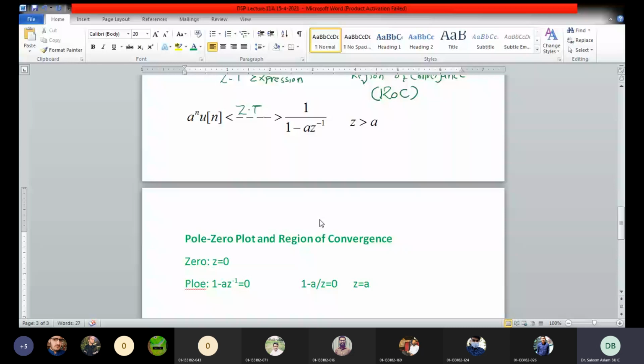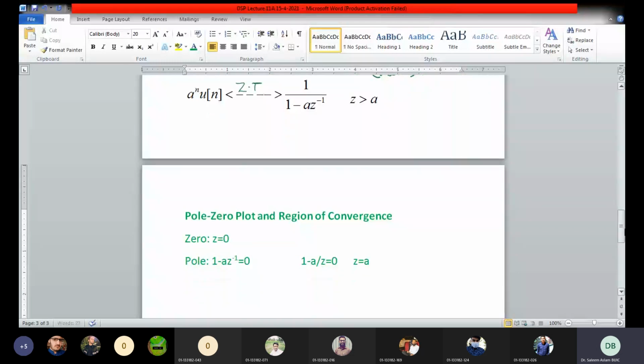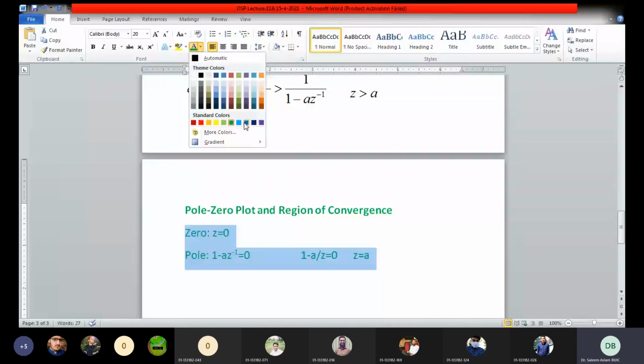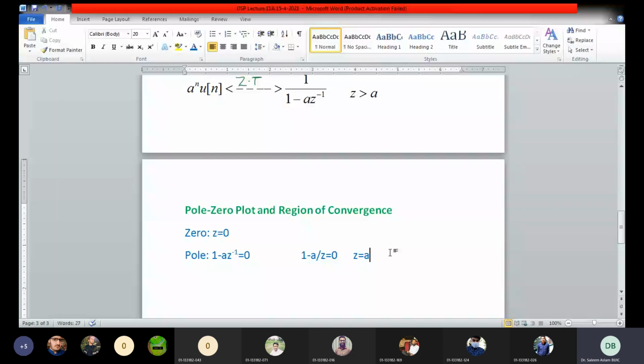So we have a pole at z is equal to a and a zero at z is equal to 0. Since we have found the pole and zero, now we can plot the pole-zero plot and we will talk about its ROC. So let me plot the pole-zero plot.